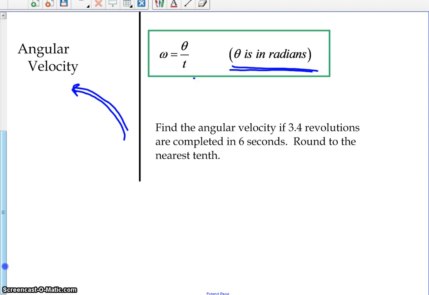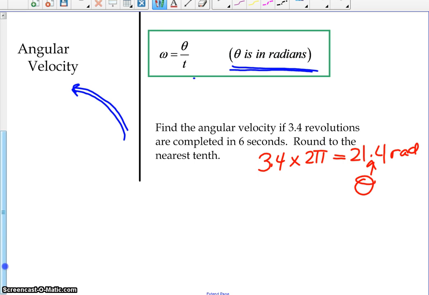So we could say 3.4 revolutions, and when I multiply it by 2 pi, I get 21.4 radians. This is my angle, my theta. This is how many times I'm going to go around. Then my formula says I just have to divide that by how much time it took. Well, my 21.4 radians took 6 seconds.